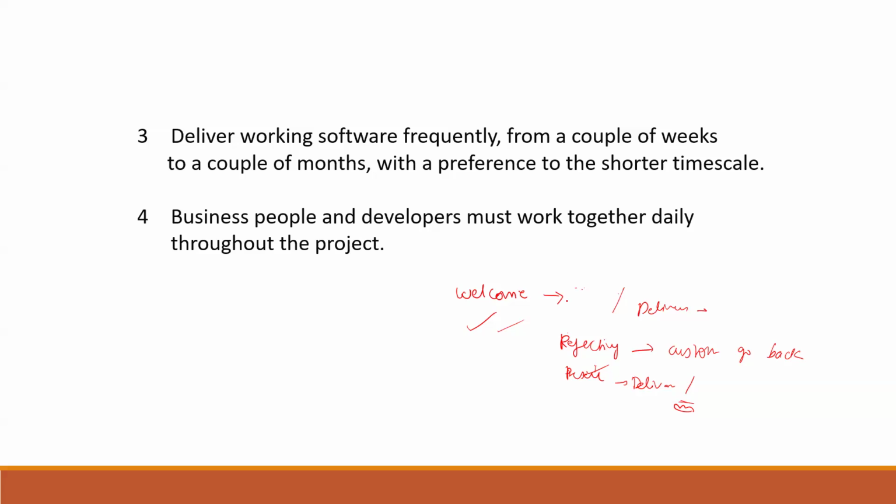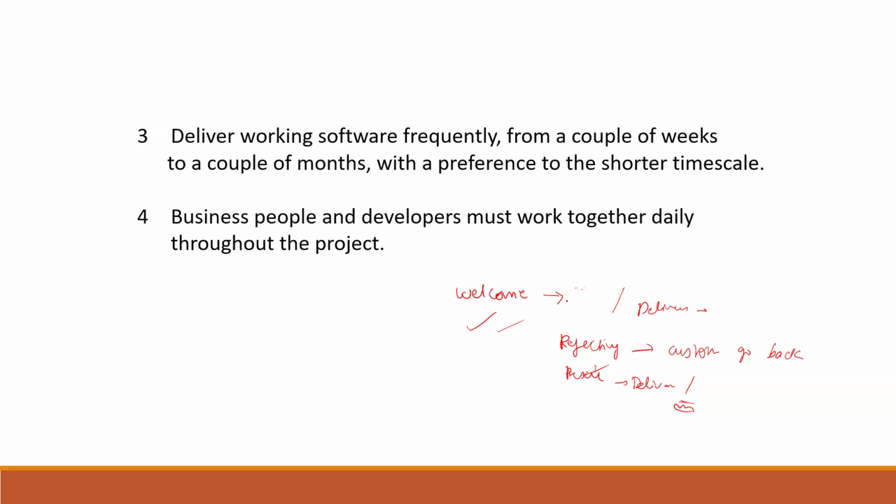Next thing, business people and developers must work together daily throughout the project. When we talk about together, who are the business people involved? They can't all come and talk, right? The representative from the business could be your product owner.